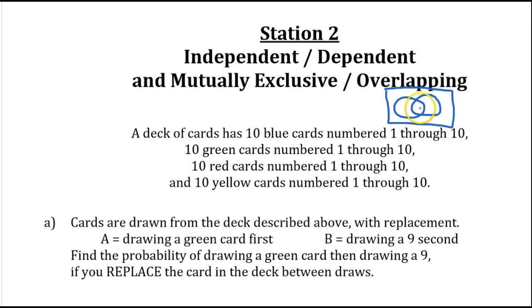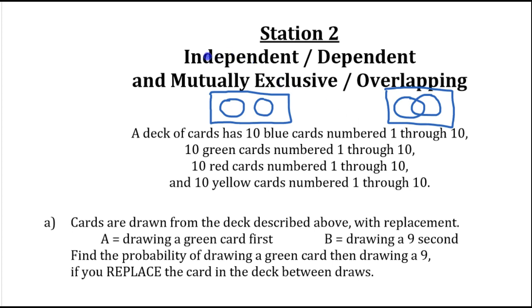There are some elements that belong to both sets at the same time. That's what overlapping means. Mutually exclusive sets would be two groups that have no overlap. There are no members of these sets that are in both sets. So that's going to be simple enough.